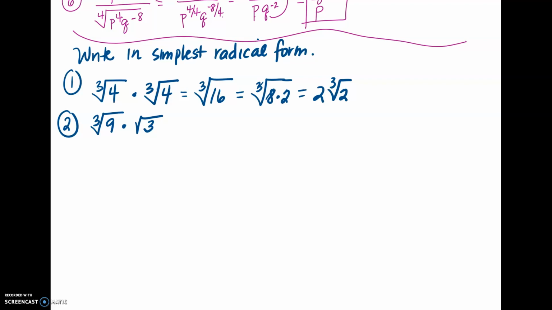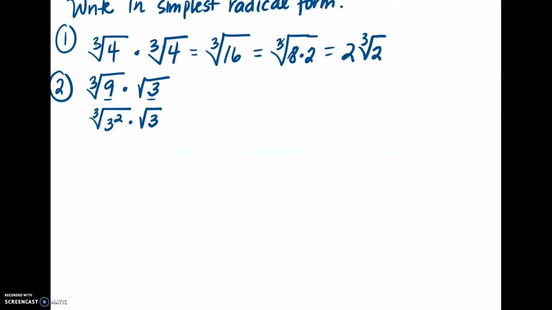There's a little bit more to this, because in order to multiply these, you have to have the same base, and you have to have the same root, which we don't. But we do know that we can rewrite 9 as 3 squared. So this is equivalent to the cube root of 3 squared times the square root of 3.